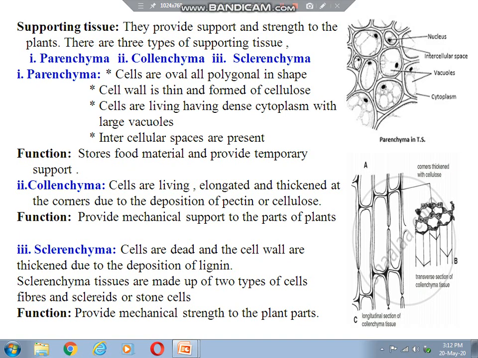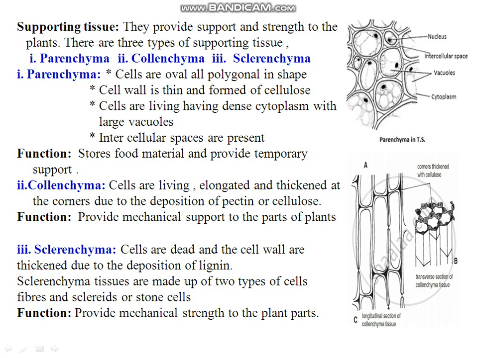So I have already told you that sclerenchyma tissue consists of two types of cells. Sclerenchyma fibers are long thread-like structures having tapering ends, and sclerites. The cell wall is highly thickened by the deposition of lignin.